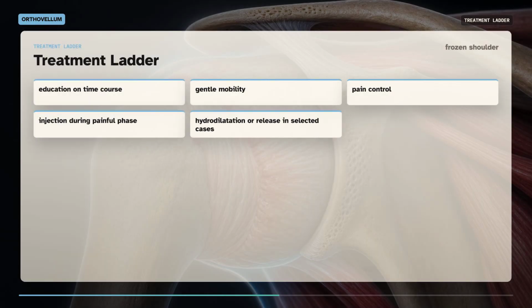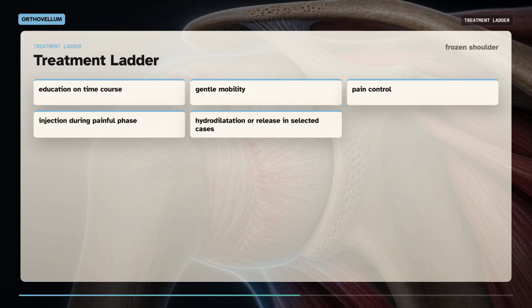Treatment is a ladder, not a reflex. For frozen shoulder, the practical ladder is education on time course, gentle mobility, pain control, injection during painful phase, hydrodilation, or release in selected cases. The first steps usually try to calm the painful system and rebuild capacity.